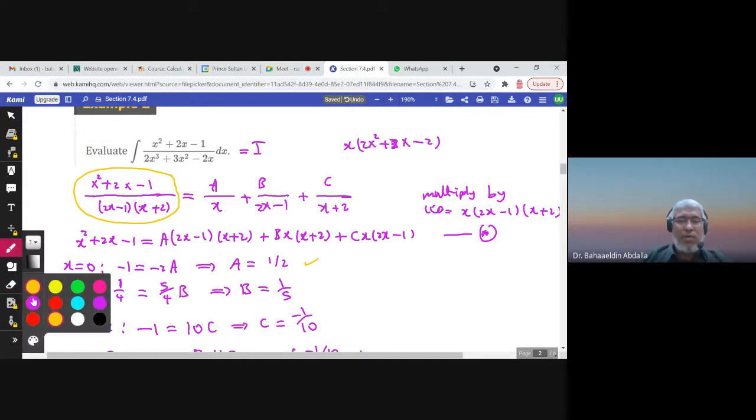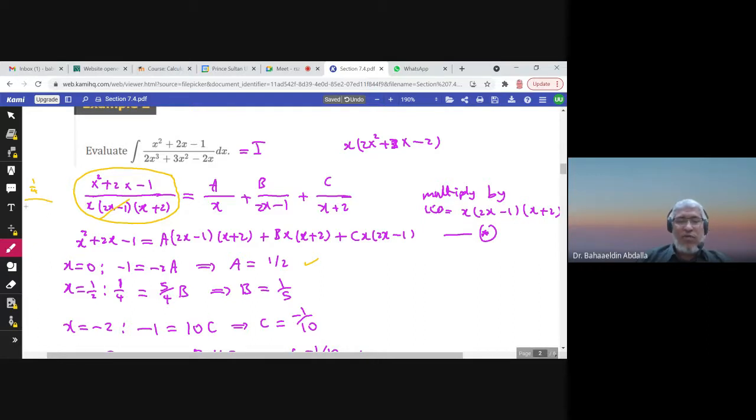Now let us try it with b. To find b, I cancel 2x minus 1, which is below b, and I replace x here by what? By half, the 0 of 2x minus 1. Half squared is 1 over 4, plus 2 times half, that's 1, minus 1, 0.